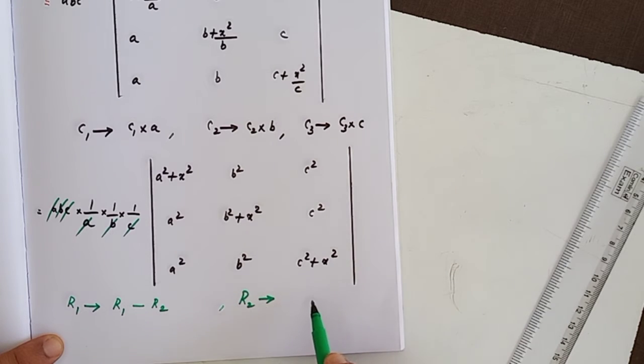R2 implies R2 minus R3. Okay. Now there is no change of R3. R3 right as it is. In R3 we have A squared, B squared, C squared plus x squared.